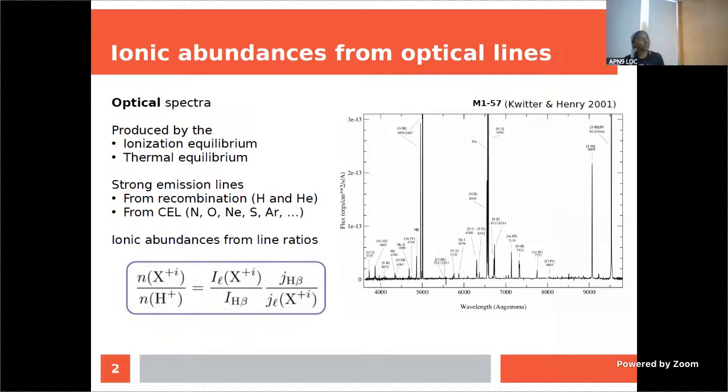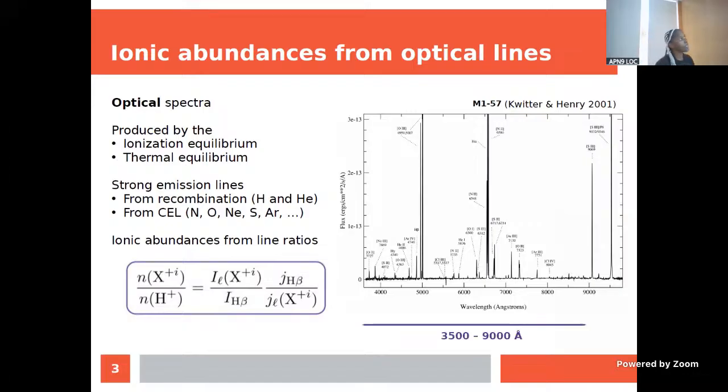And so we need this definition because you'll see some formulae later. And this is the ionic abundance of a certain element. It's related with the intensity relative to the ionized hydrogen, the ratio of the two lines, and the emissivity of these lines.